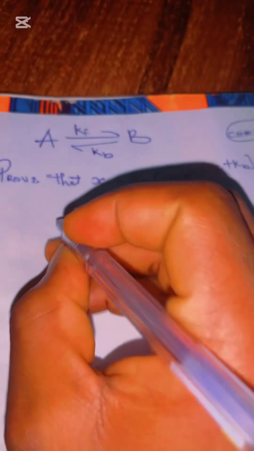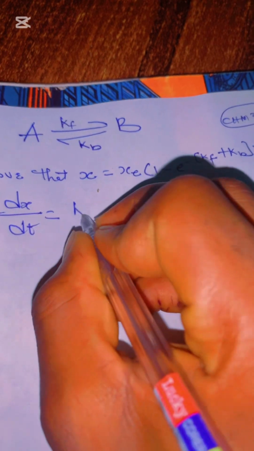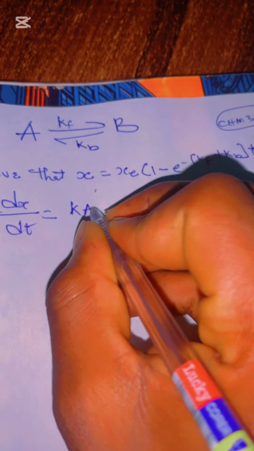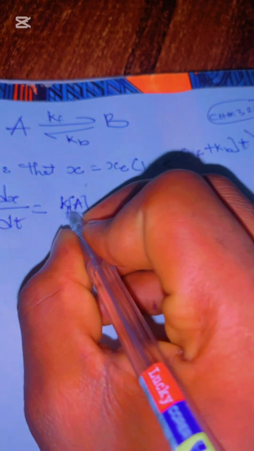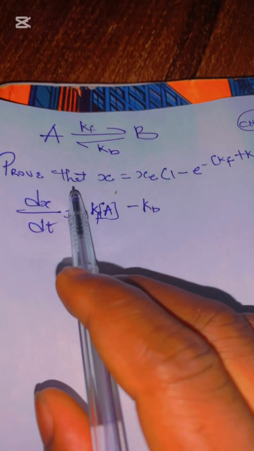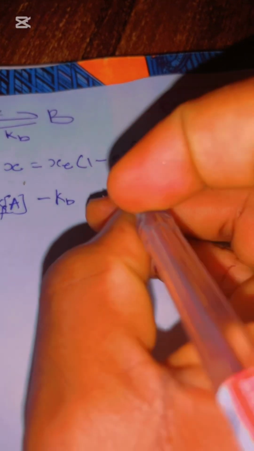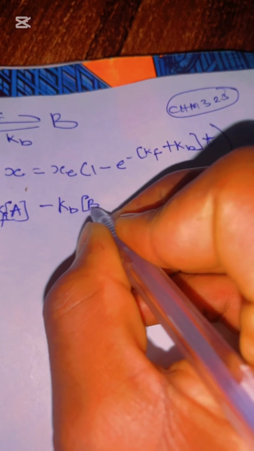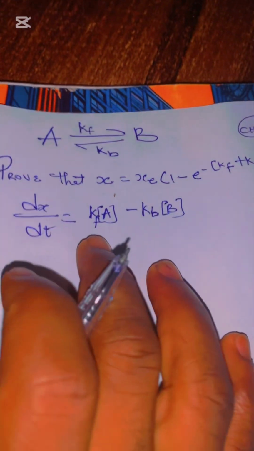With that, we can say the rate of chemical reaction, dx over dt, is equal to Kf A minus Kb B. So this is what we have for the rate of chemical reaction.